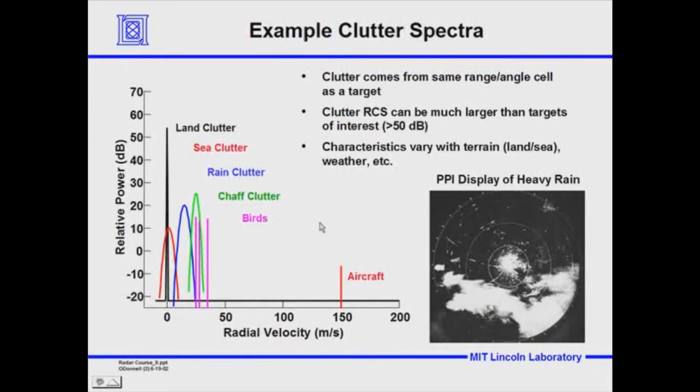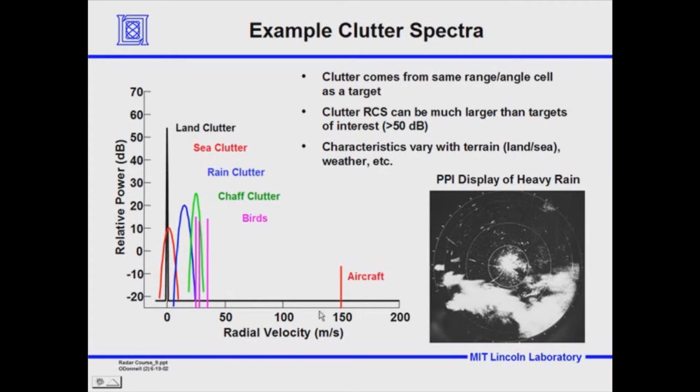Okay. Now next, let's go back and remind ourselves of what the clutter spectra looked like relative to aircraft from the previous lecture. We see that we've got this big spike from land clutter that can be up to 100,000 times higher than the noise level. And then we've got sea clutter and rain clutter and chaff and individual bird targets from individual birds or small flocks of birds.